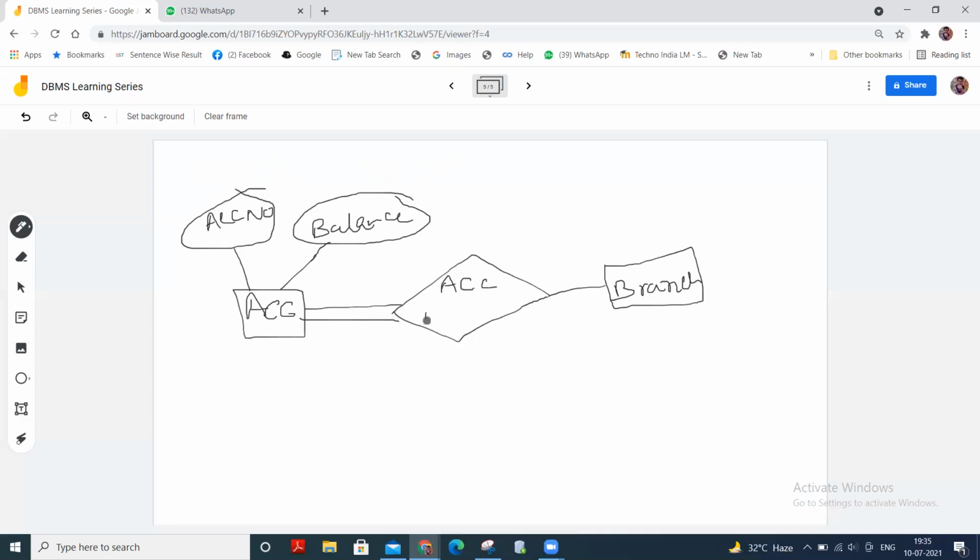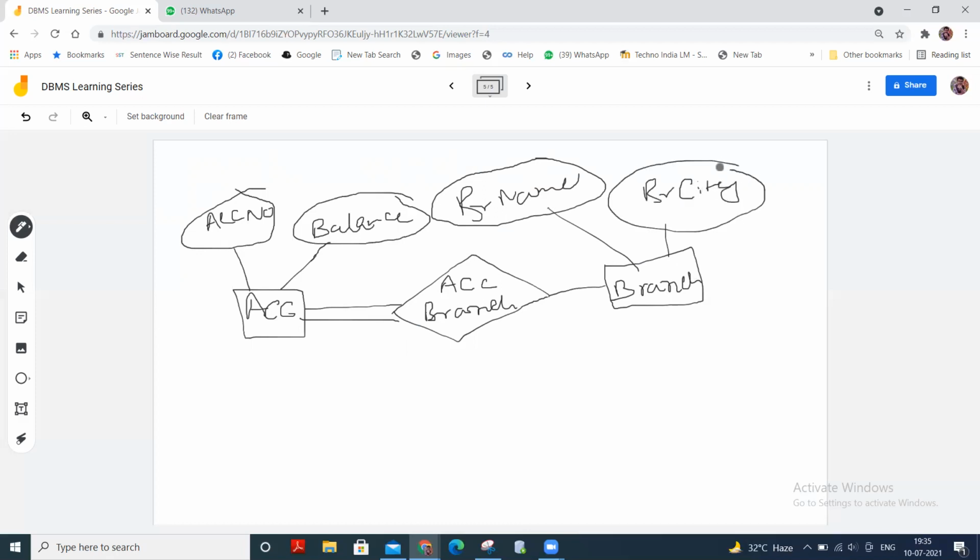Suppose account branch. Okay, so the attributes are here: branch name, second one is branch city, and this is, suppose, assets.